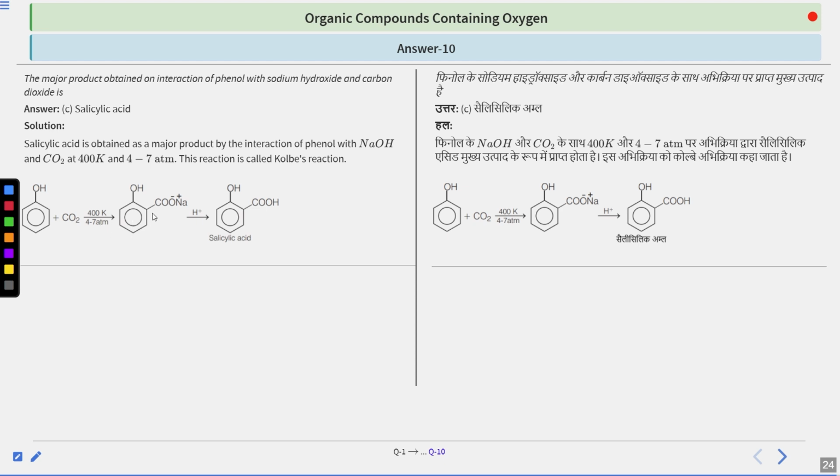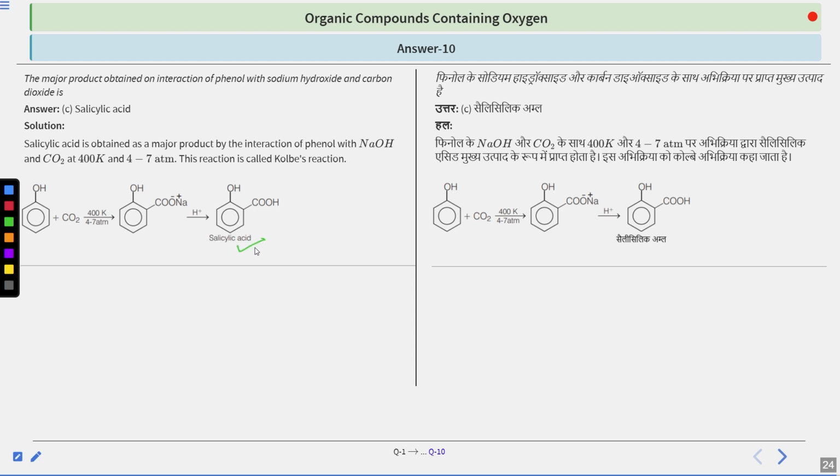It will form benzene having the OH group, that is the phenol group, and at the ortho position we have COO negative and Na positive. Now, H positive in the presence of acidic medium, we will get salicylic acid. This COO negative, Na positive will go, and H positive will come here. So it will become salicylic acid, like benzene attached to hydroxyl and carboxylic groups.